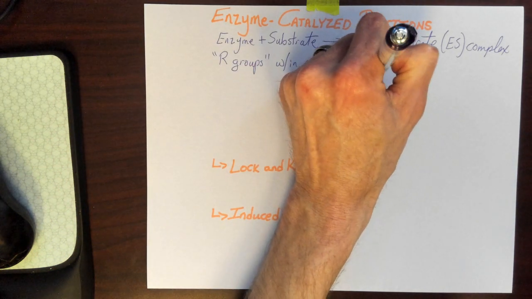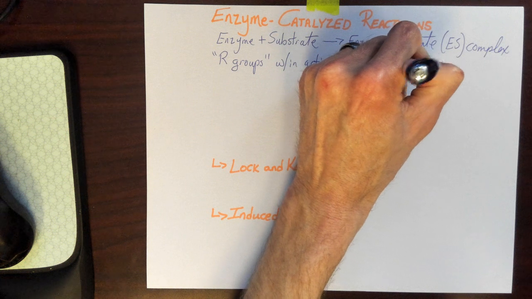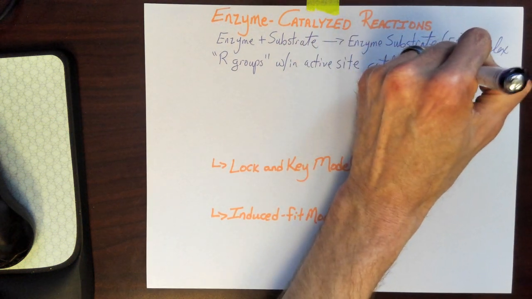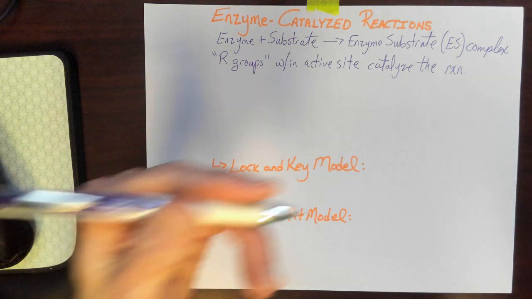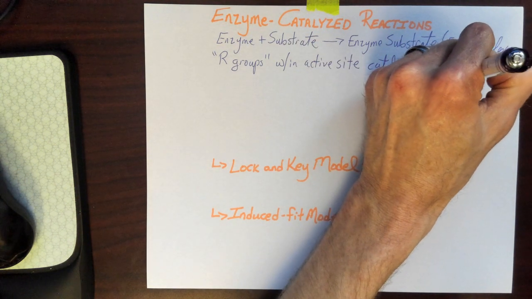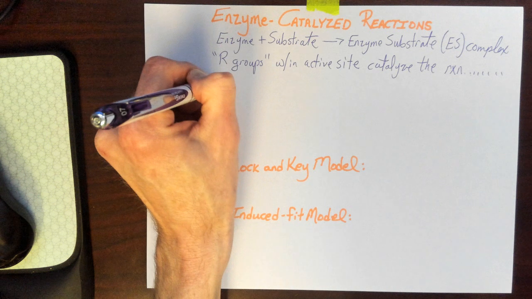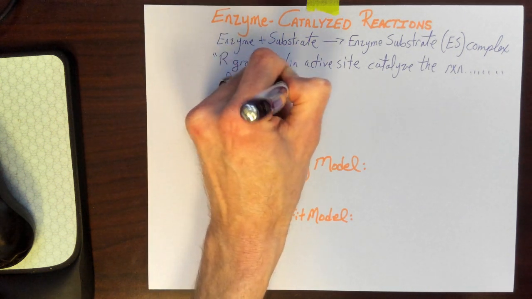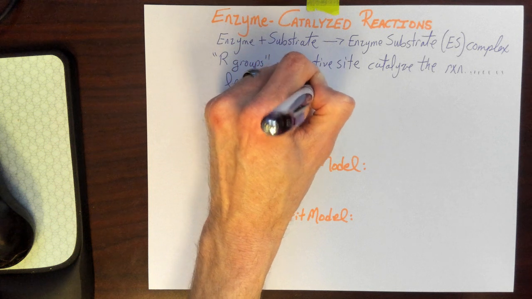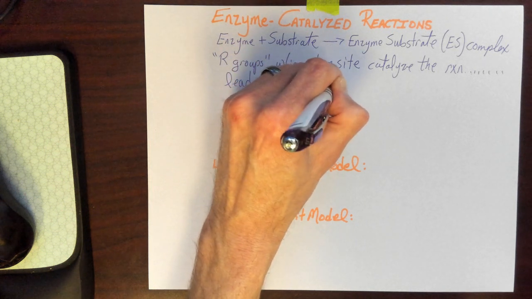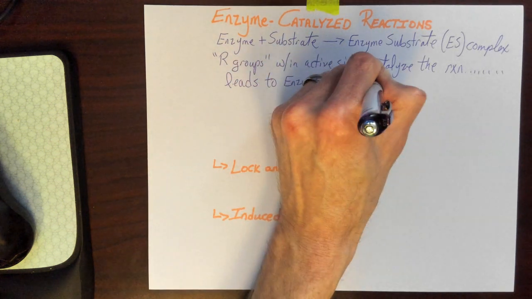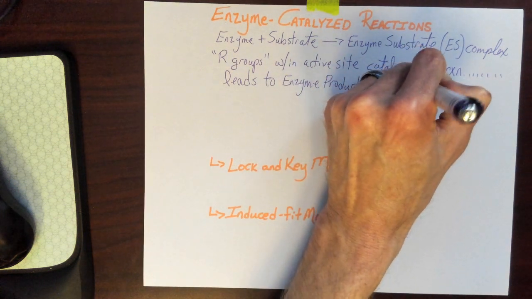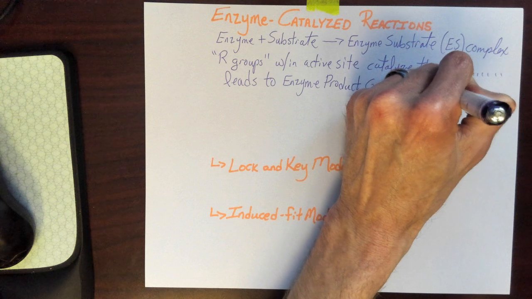Okay, they catalyze the reaction, and then what that leads to is what we call an enzyme product complex, or an EP complex, an EP complex.